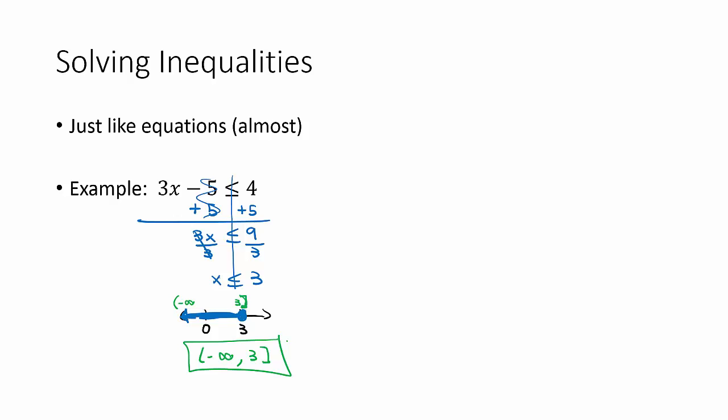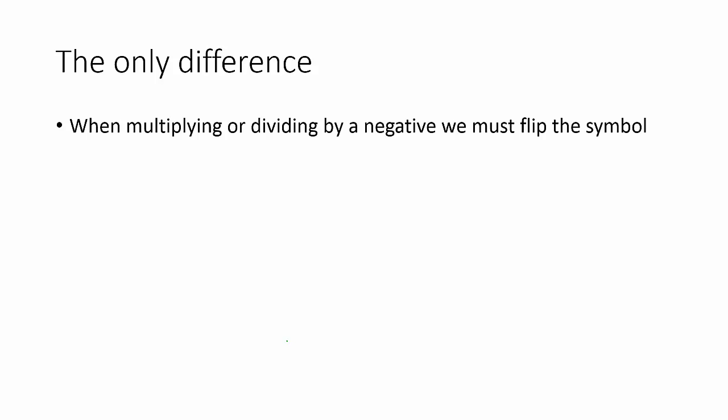Just like equations. Almost. There is one little difference we need to be aware of. That one little difference is whenever we multiply or divide by a negative, we must flip the inequality symbol. For example, we have the true statement 3 is less than 6.